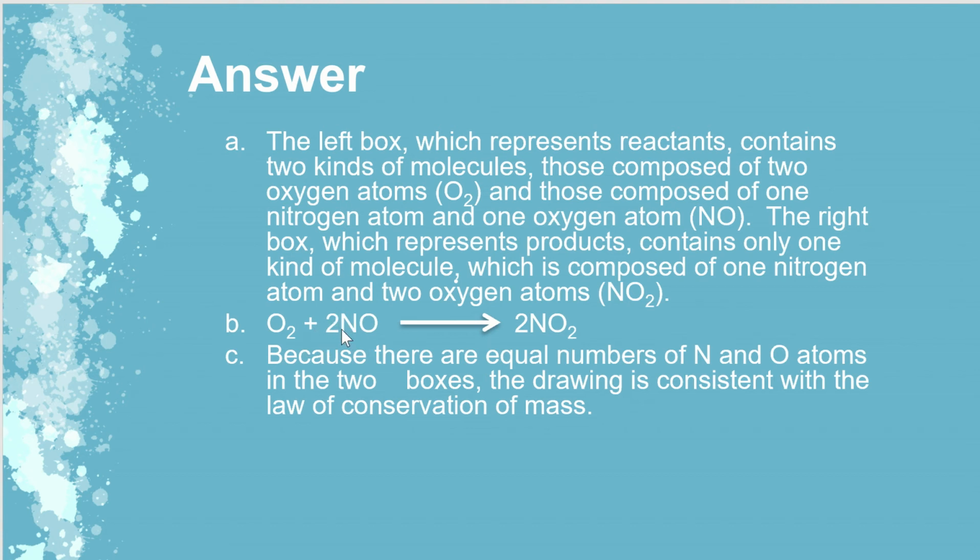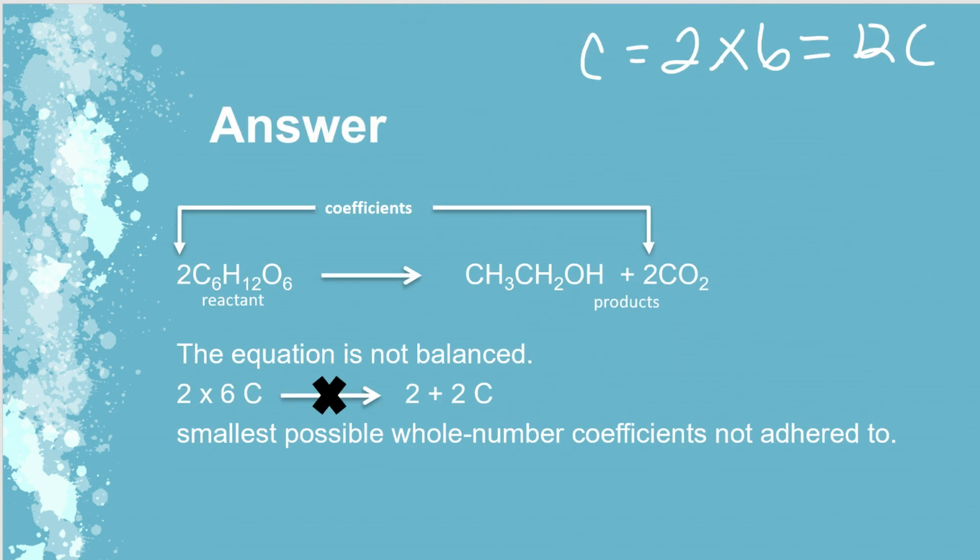Sometimes with balancing equations, it's just trial and error, right? In order to get a balanced equation. But we must remember that it has to be the smallest possible whole number coefficients.